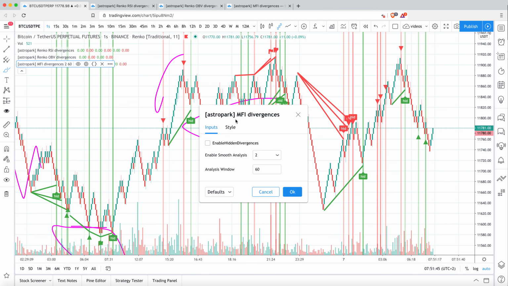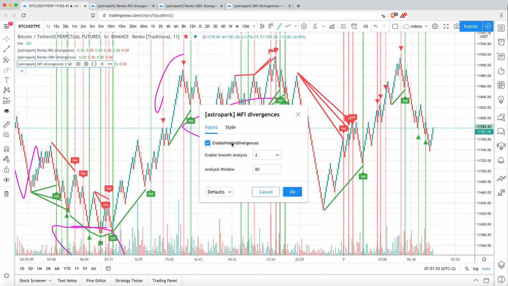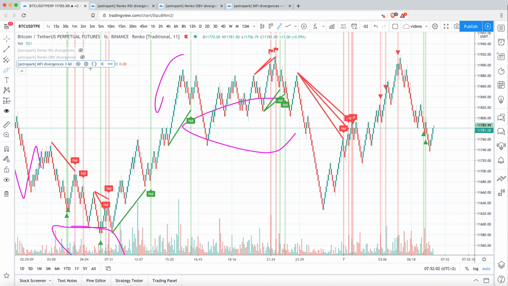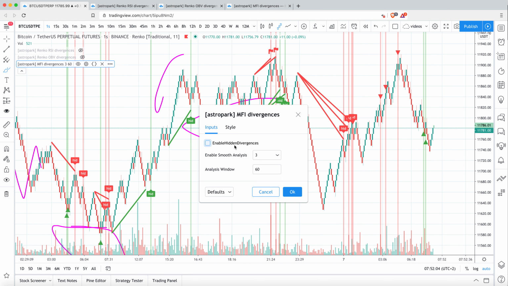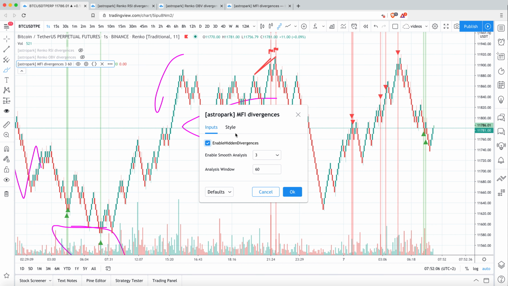On the money flow, you can decide to enable or disable the hidden divergence, choose the analysis window, and some smoothing analysis. I suggest to just keep default.